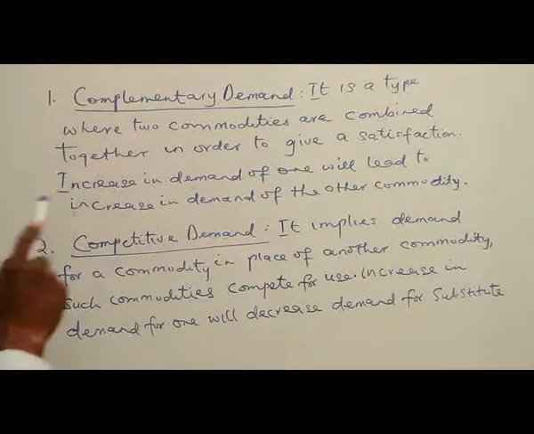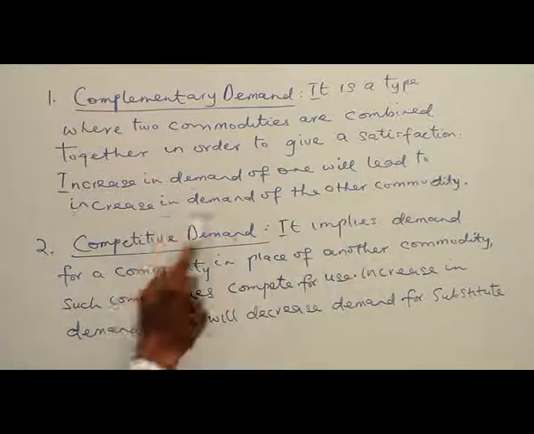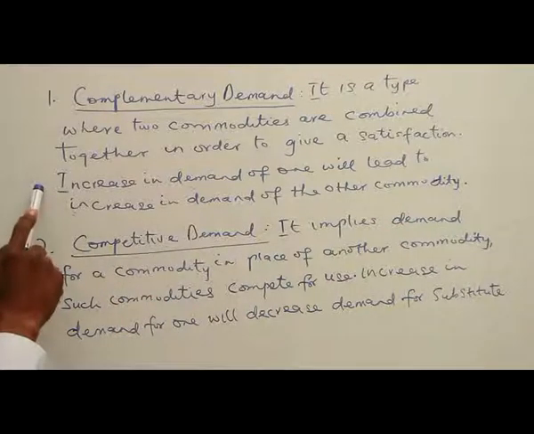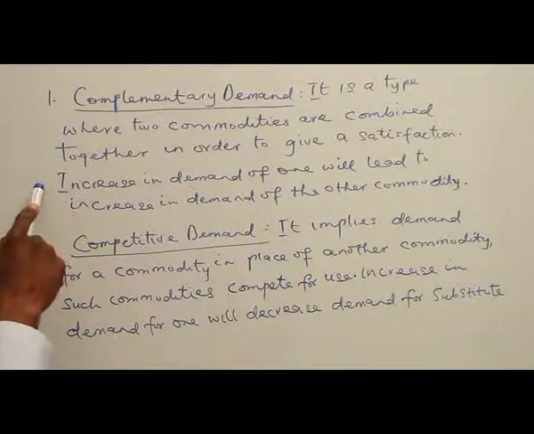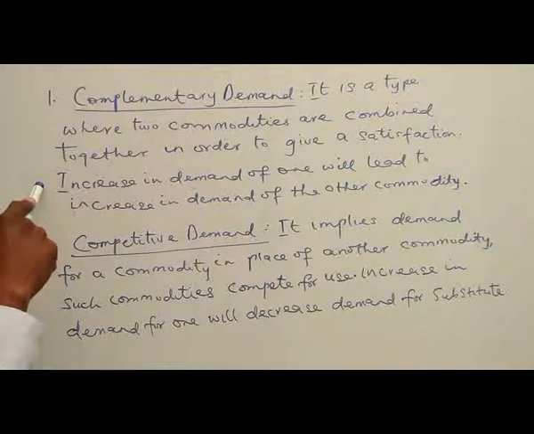So that is, increase in demand of one will lead to increase in the demand of the other commodity. So the implication is that the producer of butter and producer of bread, two of them will have an increase, provided there is an increase in one.